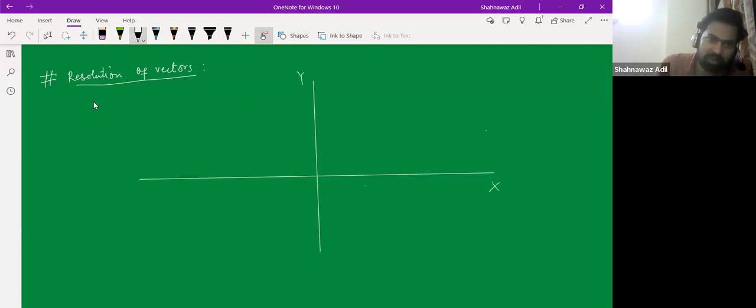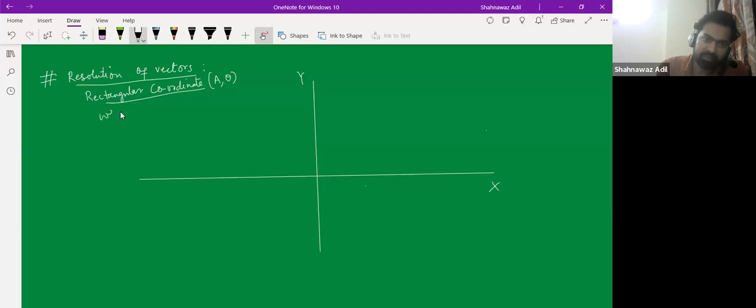We are talking about rectangular coordinates, meaning we have x and y coordinates. And we can write any vector if we know the angle it is making with the x-axis, and we know the magnitude. So we know the magnitude A and theta.